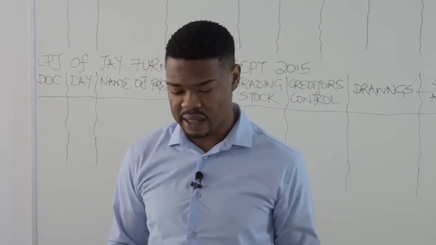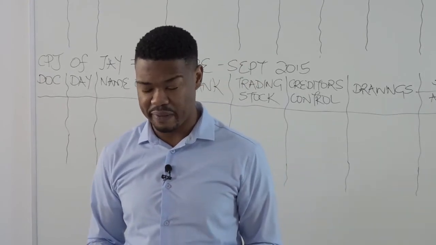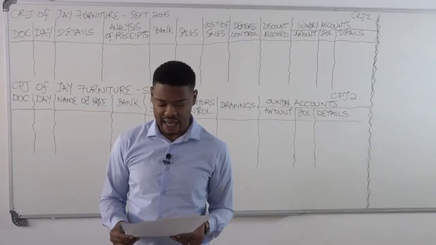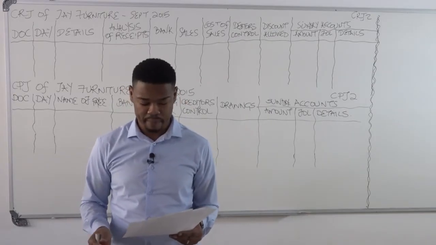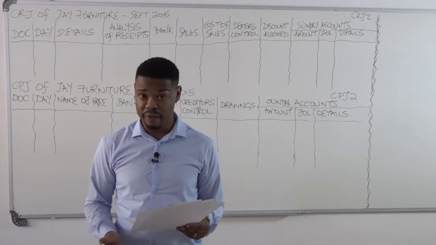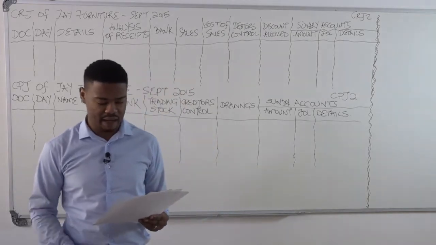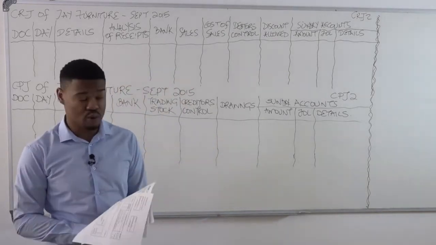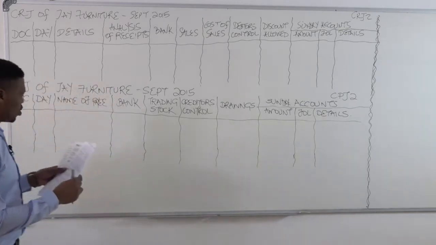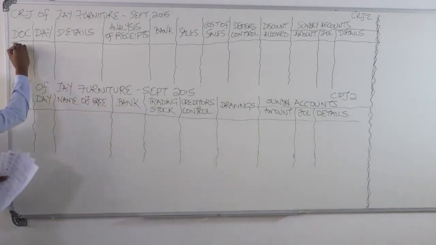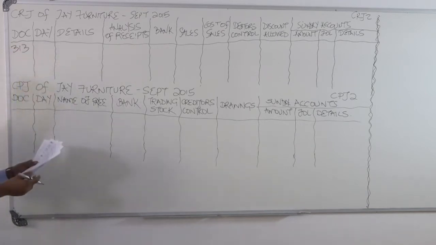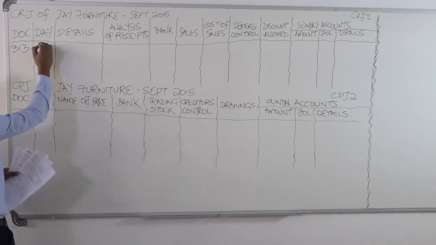The first one, on the 1st of September 2015, is receipt number 313. It says it's a loan from Absa Bank, 50,000 Rand. Let's enter that into the CRJ. Your document number is going to be 313. The date is going to be the 1st.